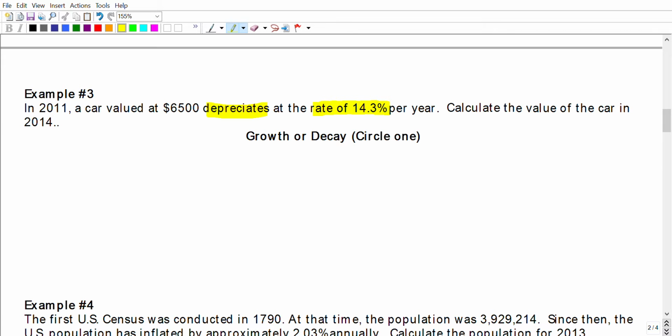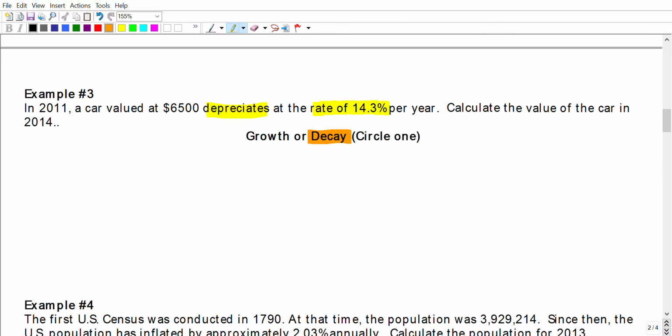First off, that keyword told us what kind of exponential model we will have. So depreciates means growth or decay? Well, it means decay. So that's the one we're going to use.